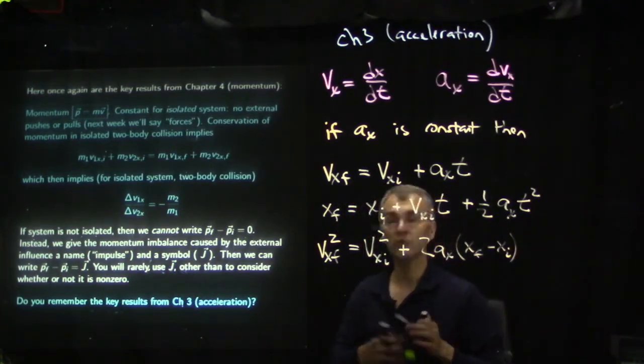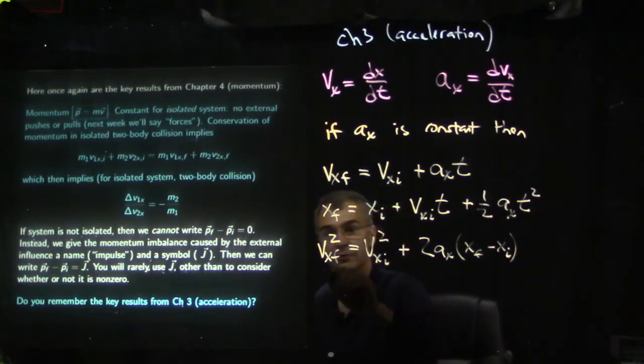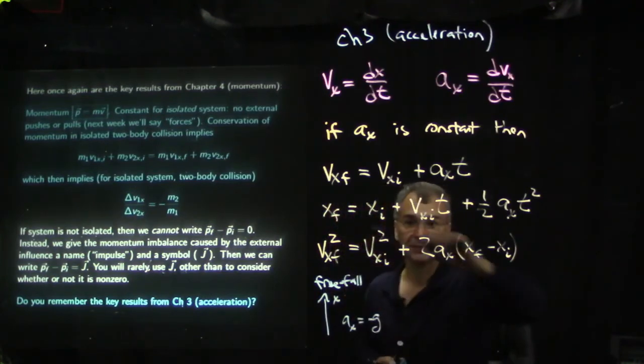And I guess two other results are that for free fall near Earth's surface, we have the x-axis pointing up, and we have a sub x is minus g.